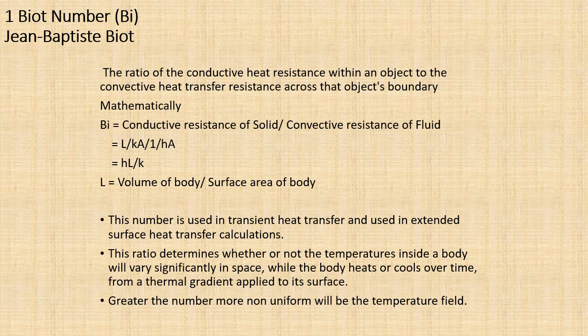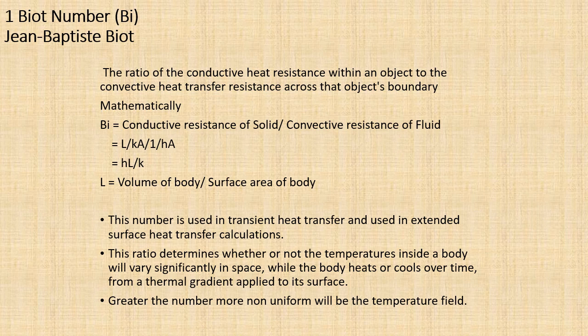So it's a ratio between solid and fluid, and mathematically it is equal to H into L divided by K. Biot number is used in transient heat transfer and also in extended surface heat transfer calculations.